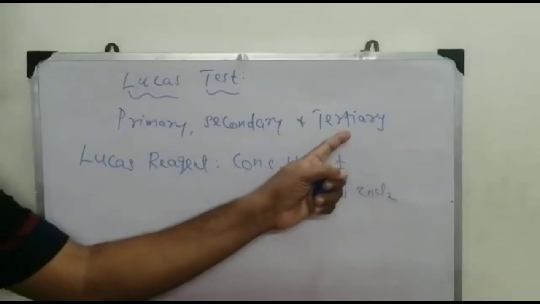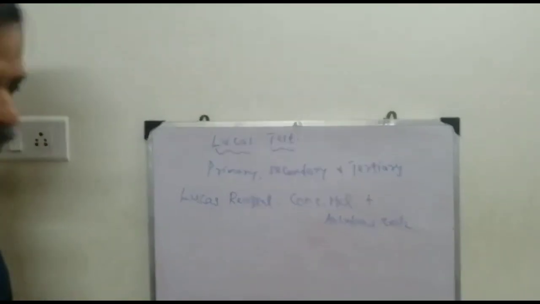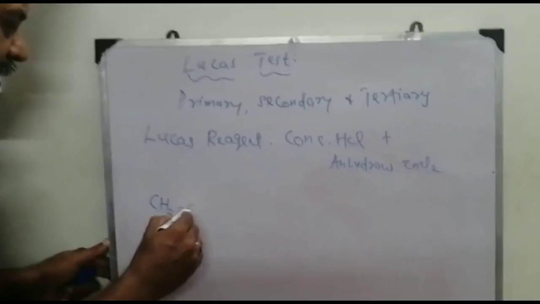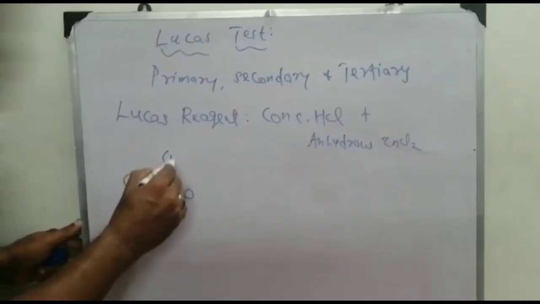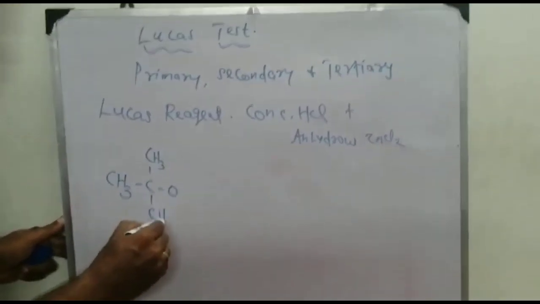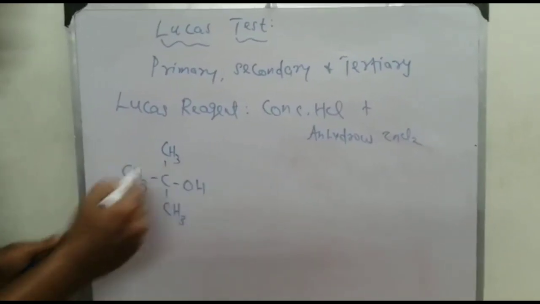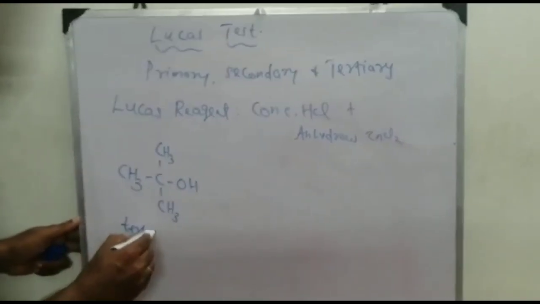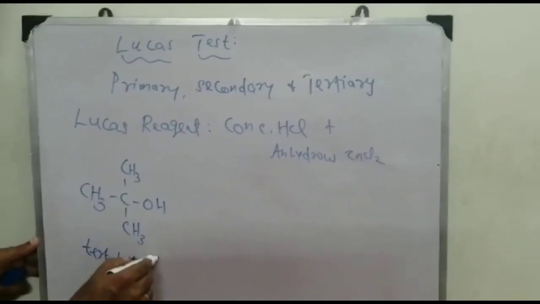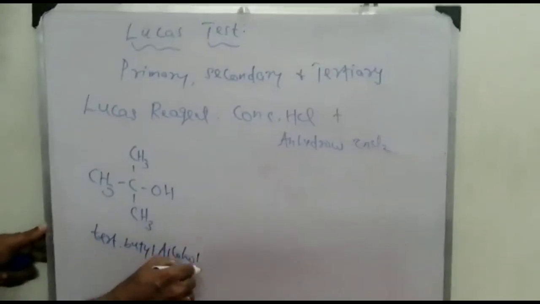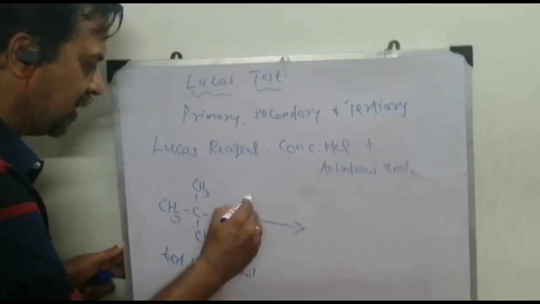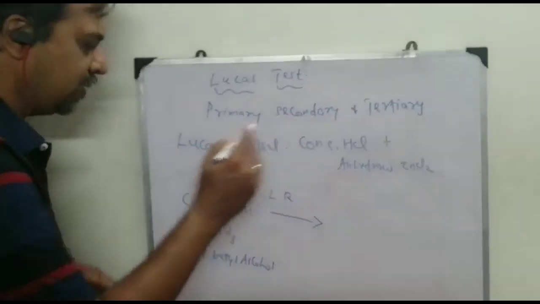For example, I take a tertiary alcohol first. So this is the example of tertiary alcohol: CH3, CH3, CH3, OH. This is nothing but a tertiary butyl alcohol. Now, I am going to add a Lucas reagent with this tertiary butyl alcohol.